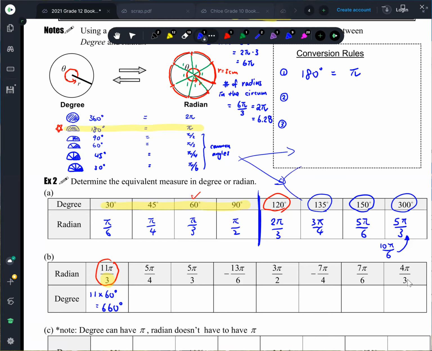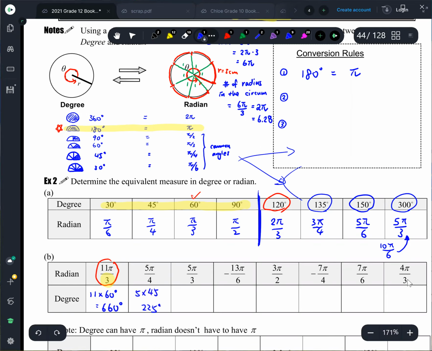Okay, we'll check the next one. CZ, what's the next one? 225 degrees. How did you find that? 5 times 45 degrees. Yeah, very good. And Claire, next one. 300 degrees. And how did you get it?